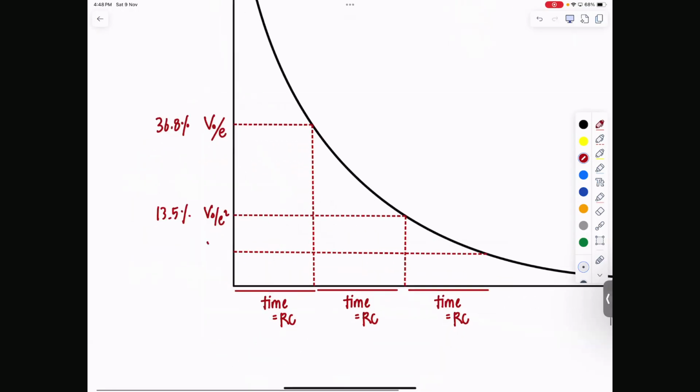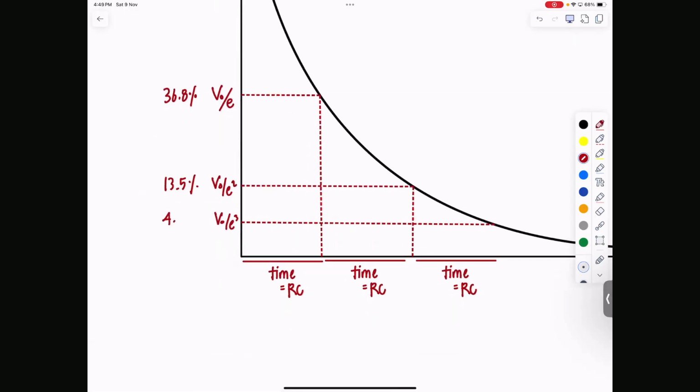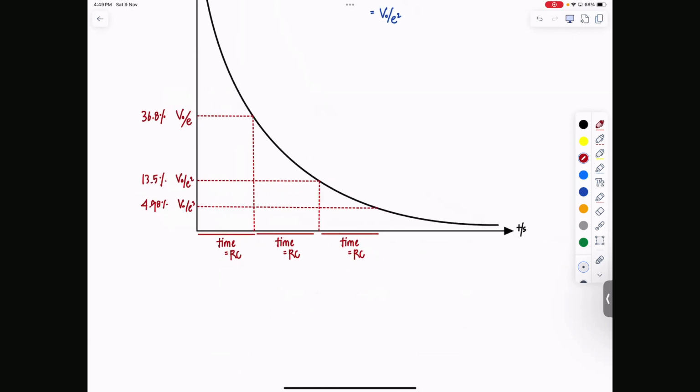Can you guess what the next one might be? E cubed, right? How much is that? 4.98. Okay, so from the initial 100%, we have come down to how much suddenly?